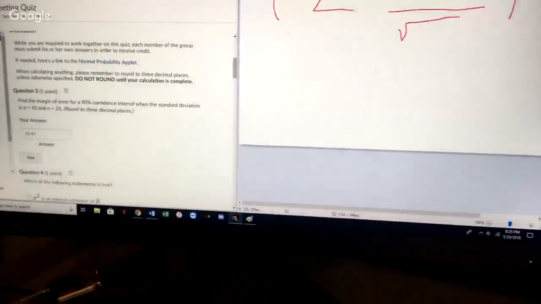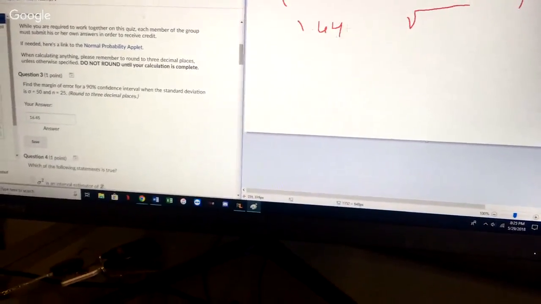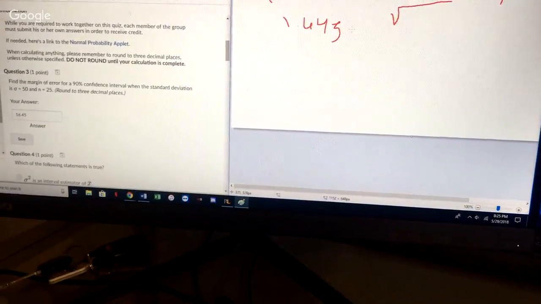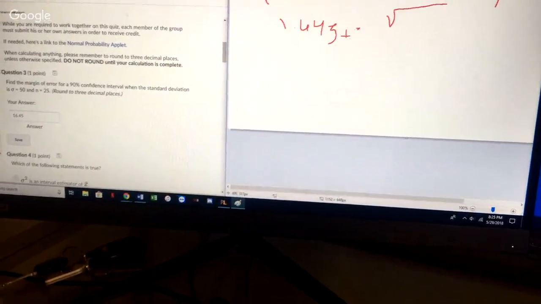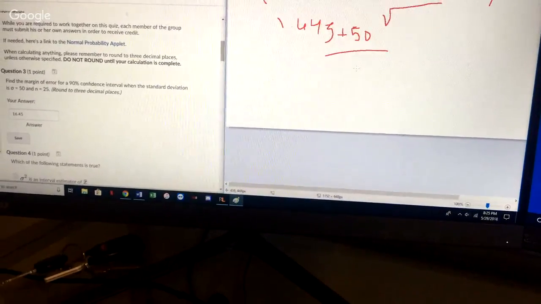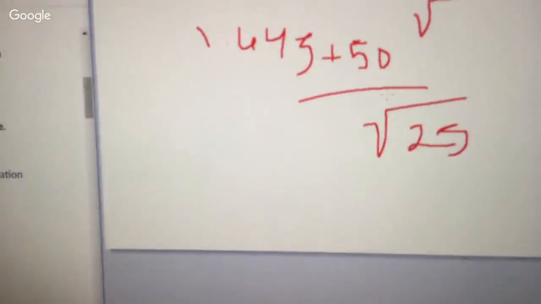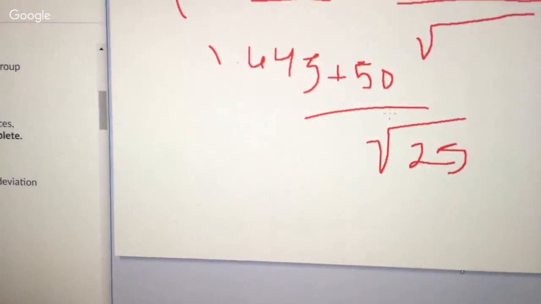So we'll go over here, 1.645 plus the standard deviation of 50 divided by the square root of 25. So I like to do this first because of order of operations. I think that's important.